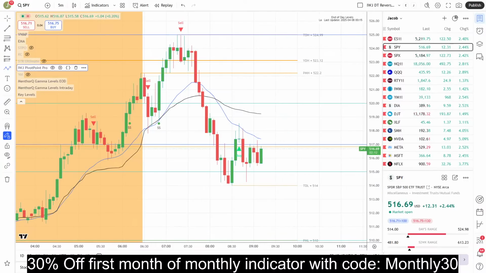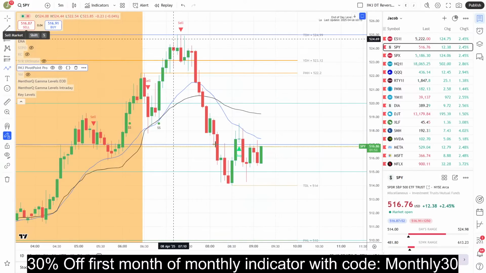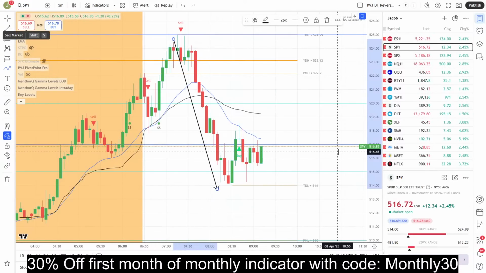Whole bunch of chop right now, up and down this little range here from 517 to 515. Not quite 515, but right in there. I know that on the chart it doesn't seem that way because you're looking at this part of the day. But the Bulls still have the advantage today.